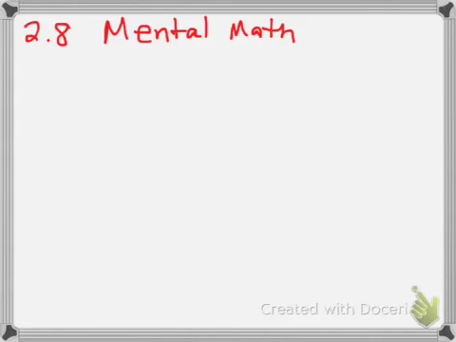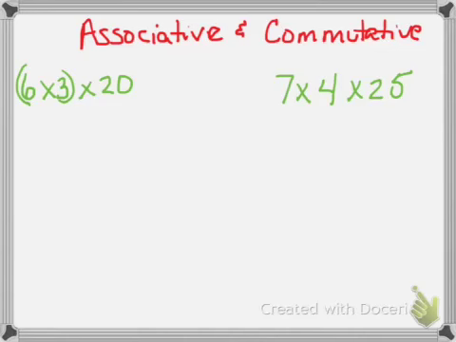The first strategy is using the associative and or the commutative property. The associative property is basically regrouping numbers. When we group them, we put the parentheses around them. So we regroup numbers in an order that makes sense.